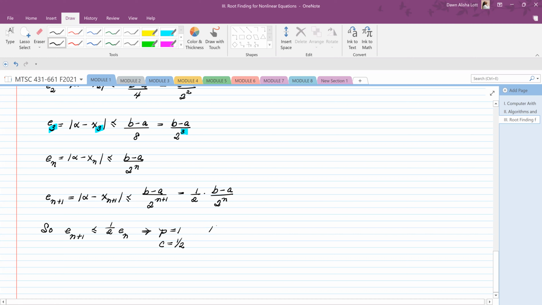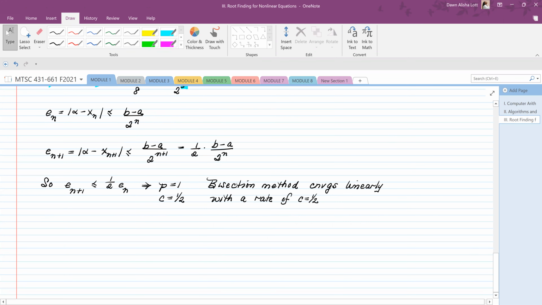So the bisection method converges linearly with a rate of c equal to a half.